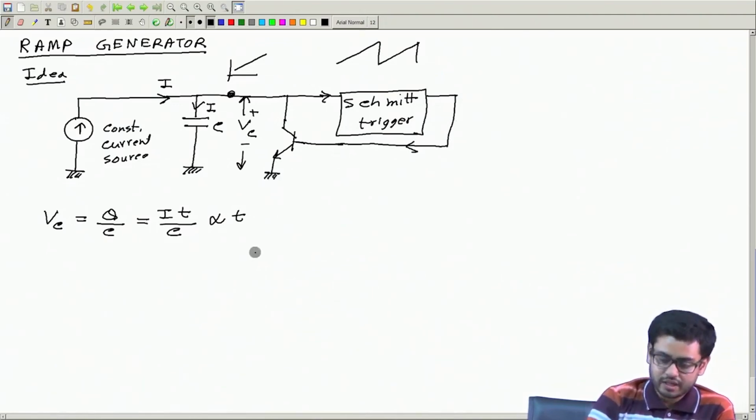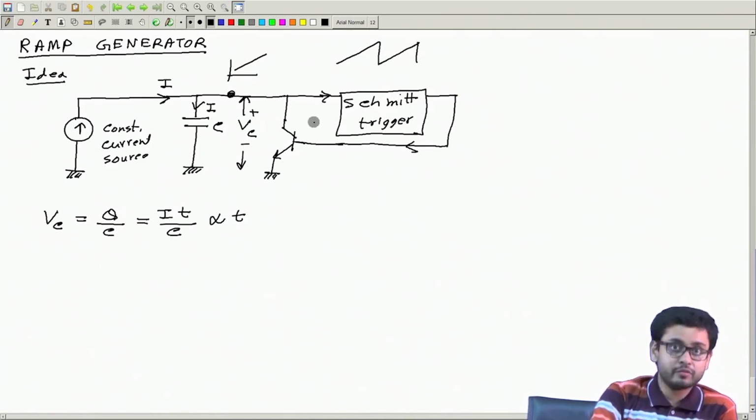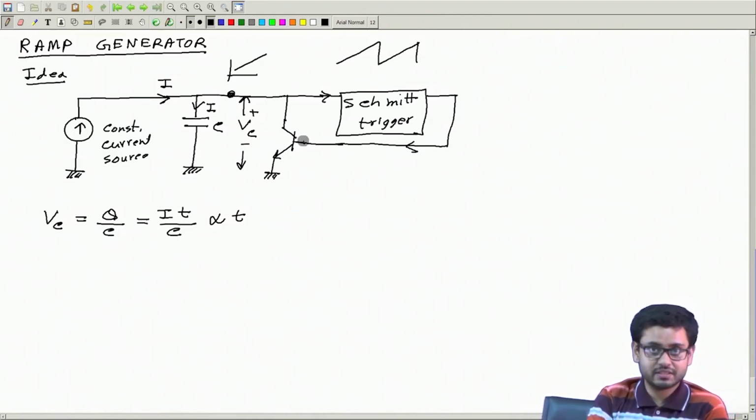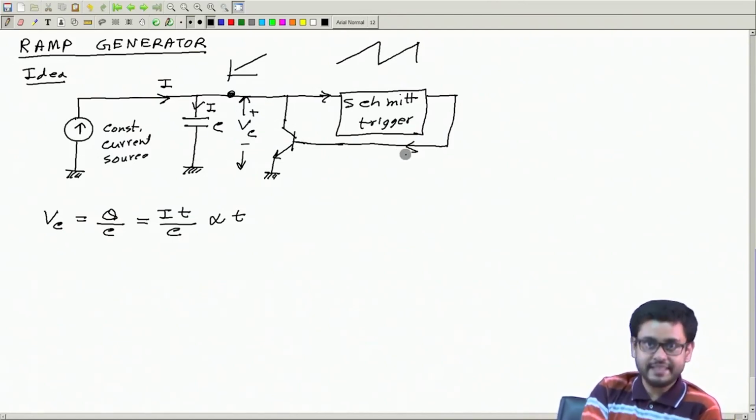We have seen some similar thing while talking about oscillator circuits, the 555 timer, you recall. So this is not a very detailed circuit diagram, but this is a schematic, the idea.